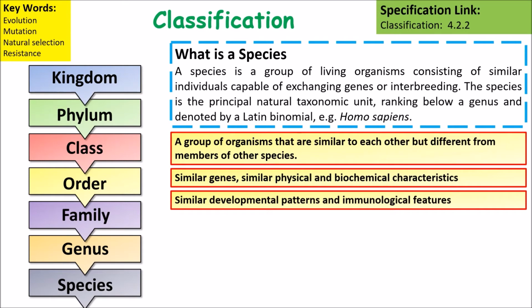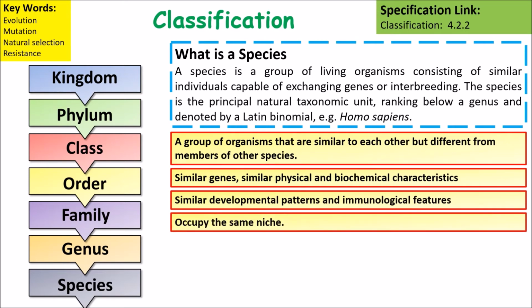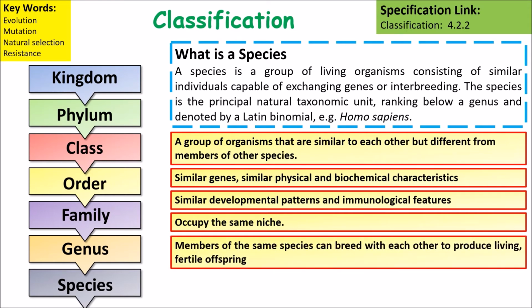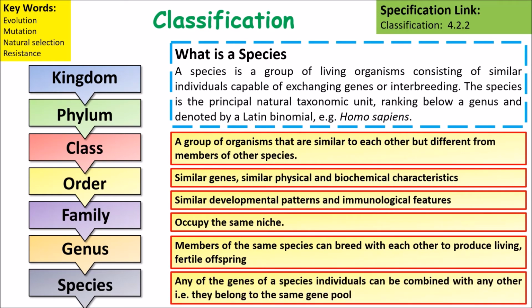They've got similar immunological features, and they occupy the same niche. So members of the same species can breed with each other to produce fertile offspring, and it's the fertile offspring that is important. Any of the genes of a species' individuals can combine with any other if they belong to the same gene pool.